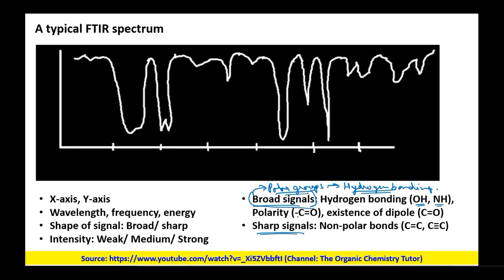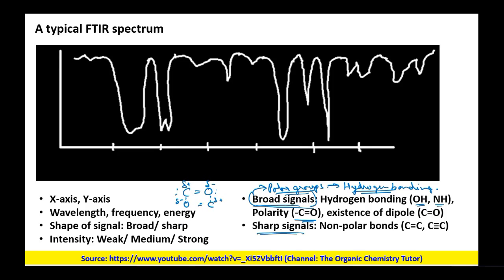If you look into this CO, what happens? This is delta positive and this is delta negative. Again, this is delta negative, this is delta positive. So there will be an electrostatic interaction between these CO groups.